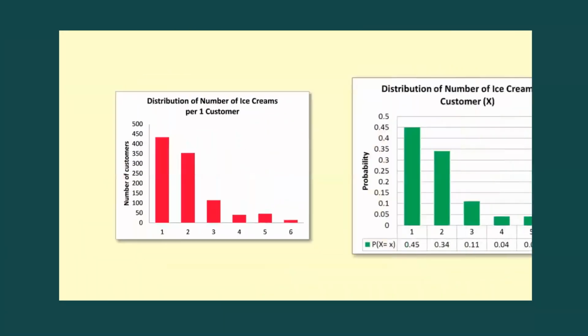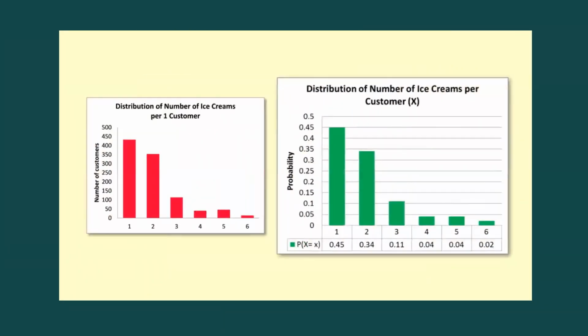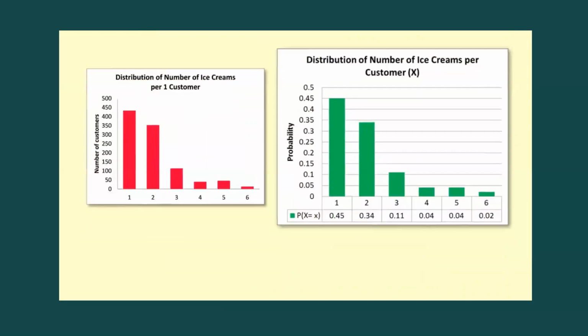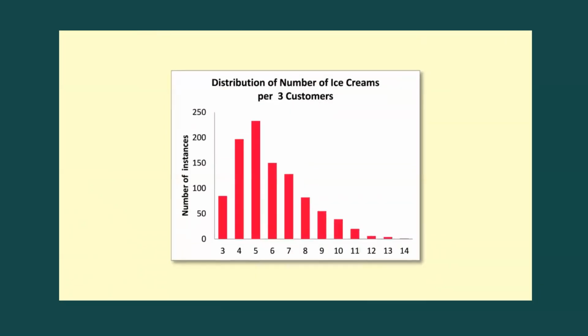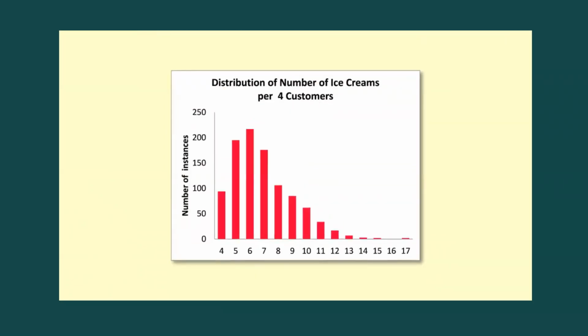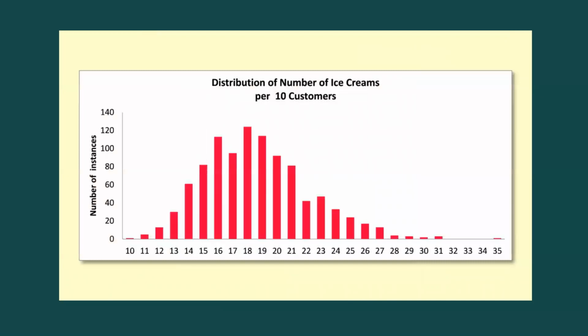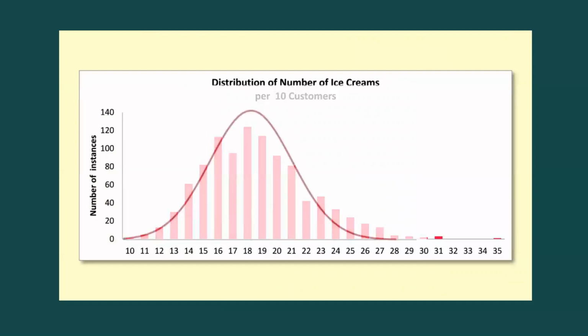It is similar to the original, as we would expect. Let's say we want to look at what 1,000 lots of 2 customers buy, or 1,000 lots of 3 customers, or 4 customers, or 10. We see that the shape of the graph starts to look more and more like a normal distribution.